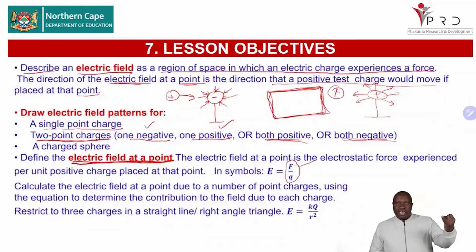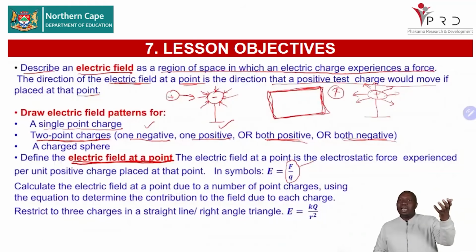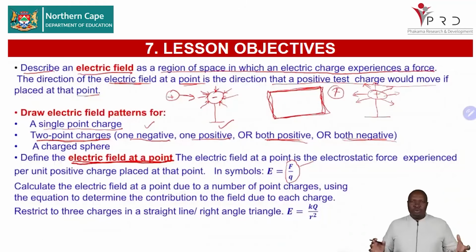So either we'll say state Coulomb's law, or define electric field at a point. When it comes to electric field, we said always have a positive test charge in your mind. As I bring a positive test charge, what will be the interaction between positive and positive? We said it will be away because there will be repulsion.